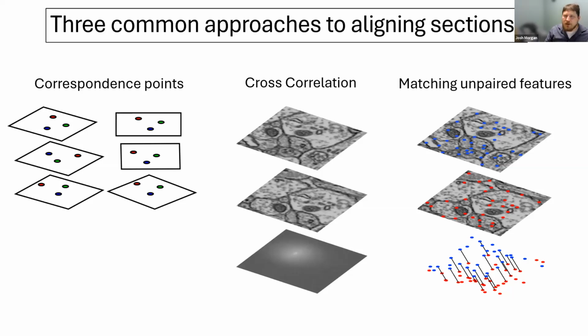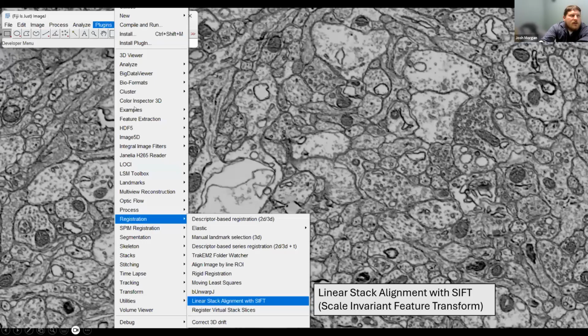So I know this is kind of a vocab lesson, but for the people who haven't done this before, the reason is the next thing I'll recommend is if you have your first EM stack that you need to align, you can go into Fiji, ImageJ, open up Fiji, go to plugins, go to registration, and then go to linear stack alignment with SIFT.